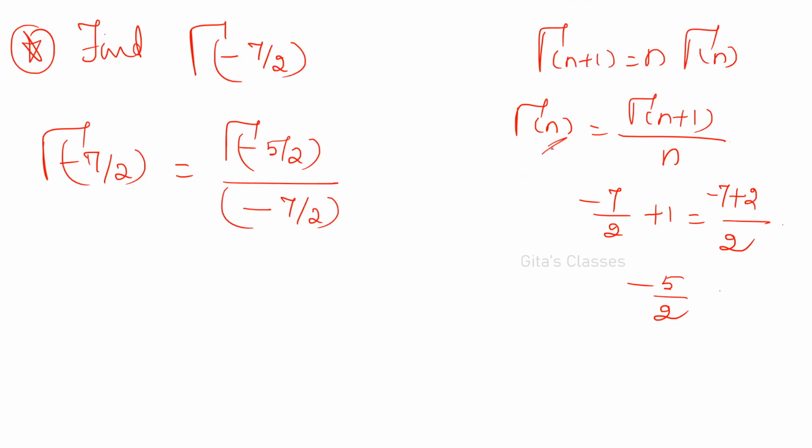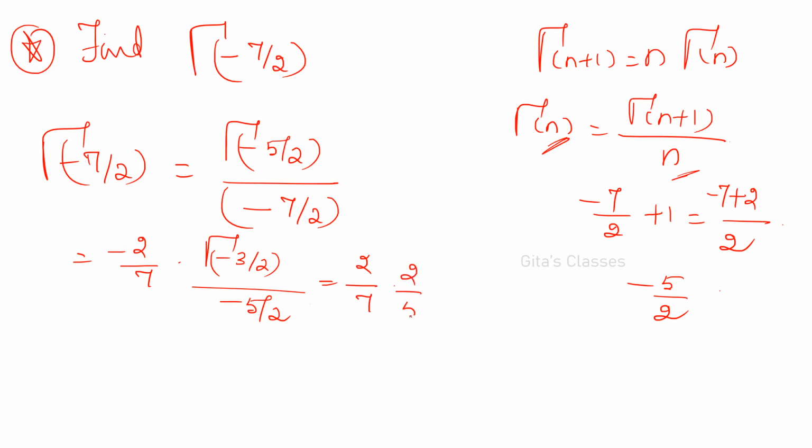Whatever you have on the left hand side should be written in the denominator. So this can be written as minus 2 by 7 into gamma of minus 5 by 2. This can be written as gamma of minus 3 by 2 divided by minus 5 by 2. That is 2 by 7, minus will become plus, so 2 by 7 into 2 by 5 into gamma of minus 3 by 2.